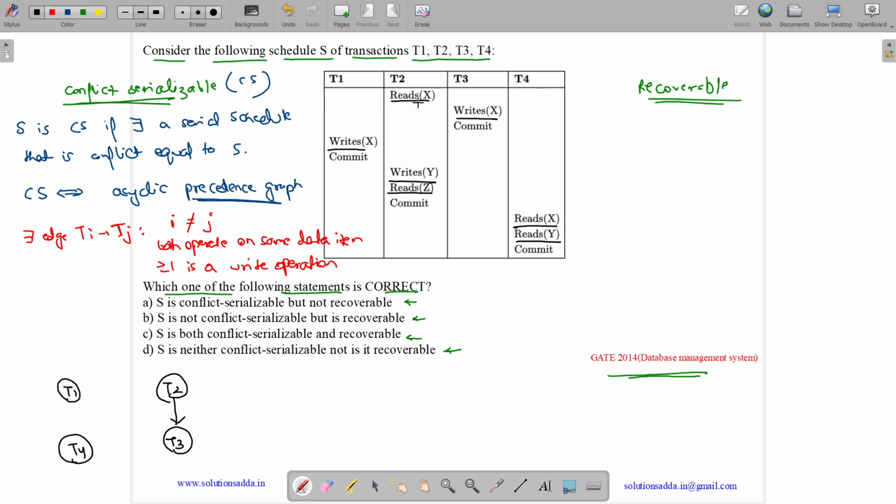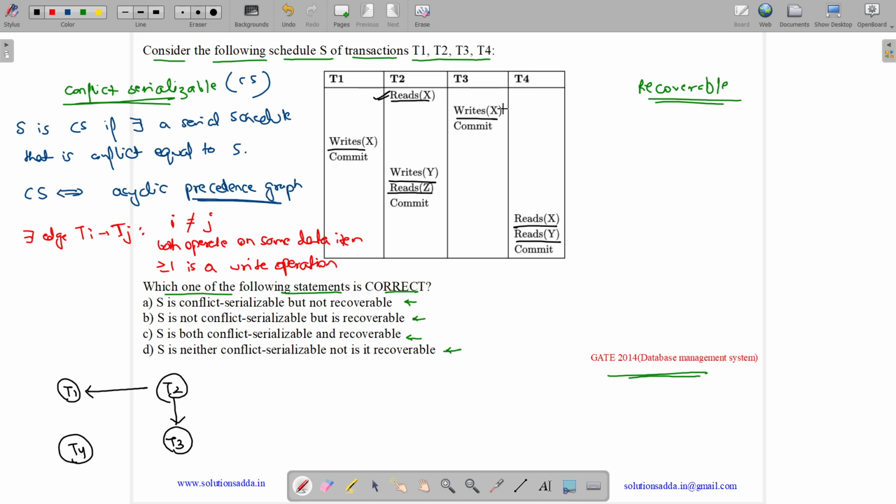Now let us see T2 to T1. Yes, one of them is a write, different transactions and same data item. So T2 to T1 is also an edge. T2 can't have any edge with the same T2. Can T2 have one with T4 or not? Read cannot have one with read of X because one of them needs to be a write. It cannot have one with read of Y because X is not equal to Y. They should operate on the same data item. We are done with this.